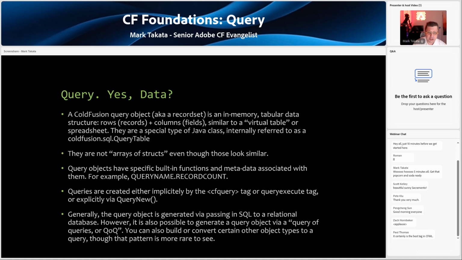And now you could also explicitly create a query out of nowhere, out of thin air, using query new. And that's actually what I'm going to be doing here in my demo. Because I'm going to be providing all of you with demo code, you're going to see I've got a little query factory that I've created for you all to play with later. I don't really have a database to hit. So what I've done with that is I'm just creating queries out of thin air, just poof, right?